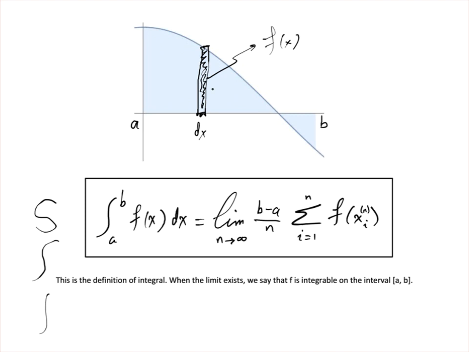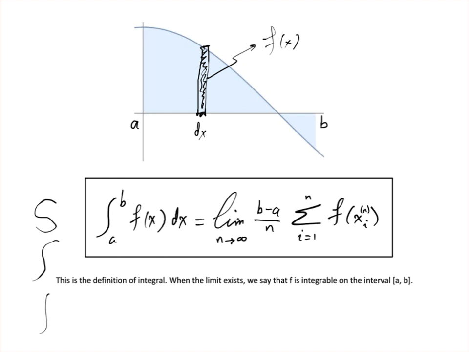The height f of x times dx will give you the area of that tiny rectangle. So this really represents the Riemann sum, and sigma is changed to a stretched s. So this is the definition of what we call the integral.